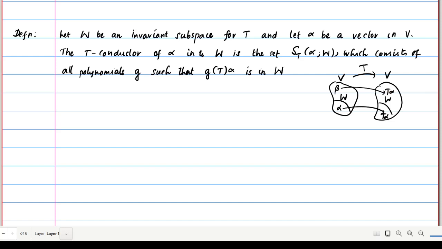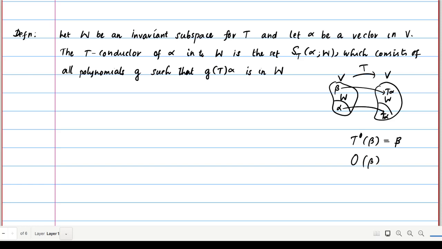But we cannot get this T beta as an element of W. But sometimes, if you consider T to the power 0, then what is T to the 0 of beta? T to the 0 is the identity, so this is again beta. Similarly, what is 0 of beta?